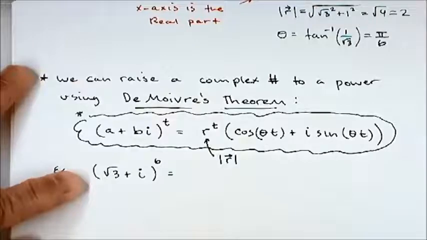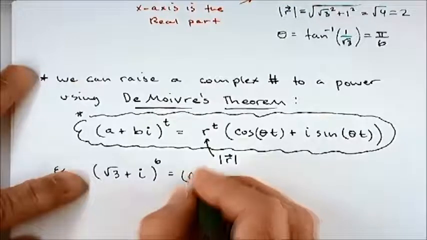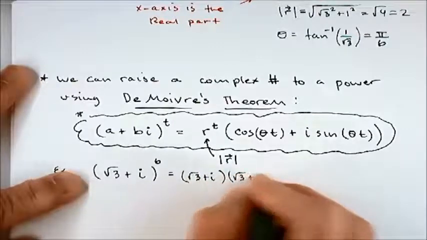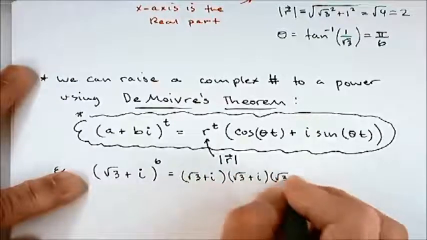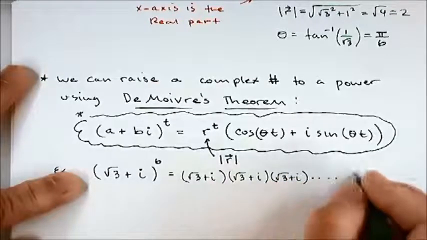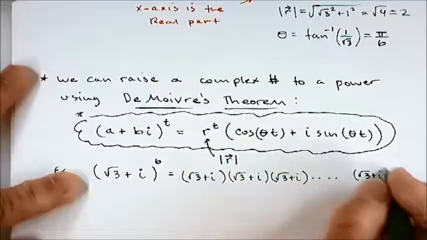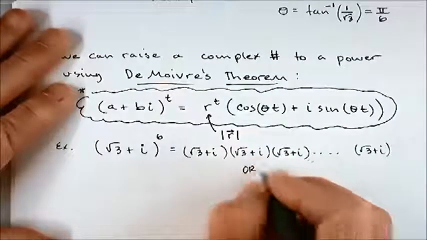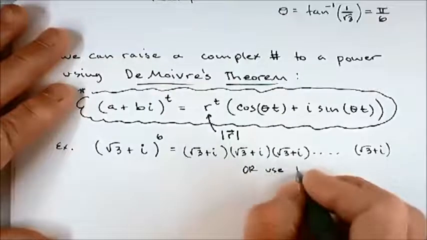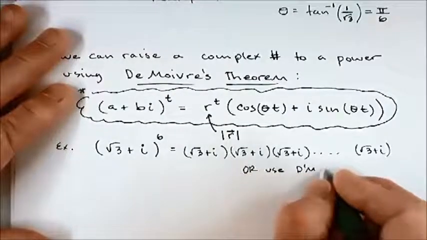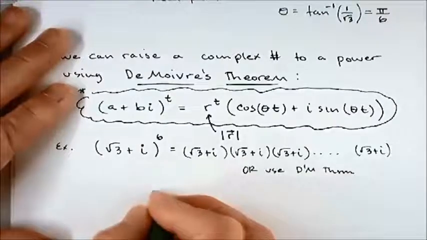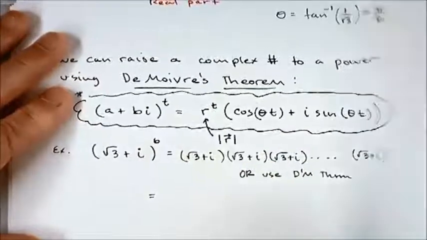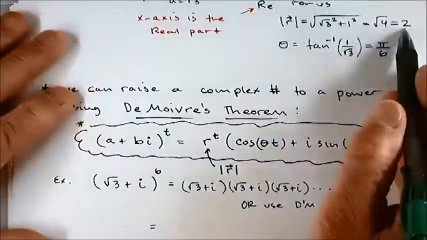Now, one way to do it is you can do this just like you would if you were doing x plus y to the 6th power. You could FOIL out root 3 plus i times root 3 plus i all the way out 6 times if you really want to. I don't think I'd want to do that. But if we use de Moivre's theorem, this is going to equal r to the t, the magnitude of r, which we have right up here, 2.